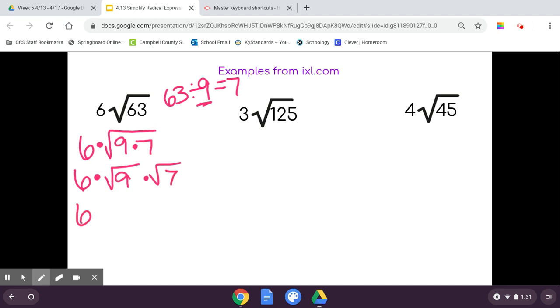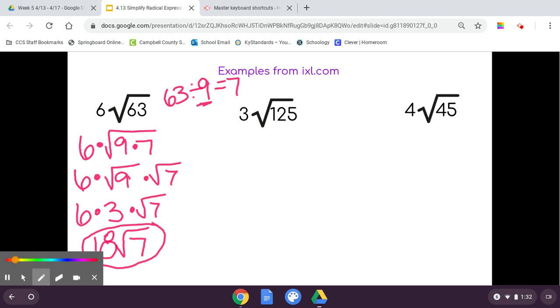Okay, I know that the square root of 9 is 3, and the square root of 7 is irrational, so we leave it. 6 times 3 is 18 times the square root of 7, which is our answer. And again, if you want to pause these and try them on your own and then check your answers, that would be your best practice before you get to that IXL stuff.